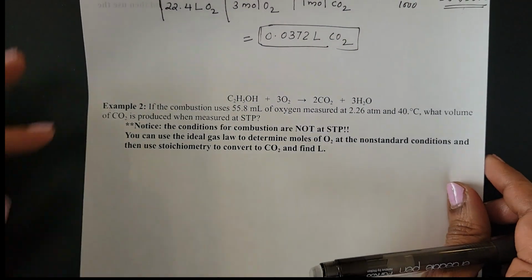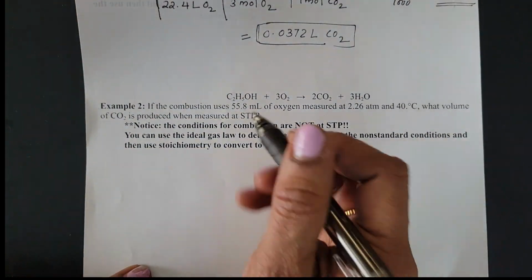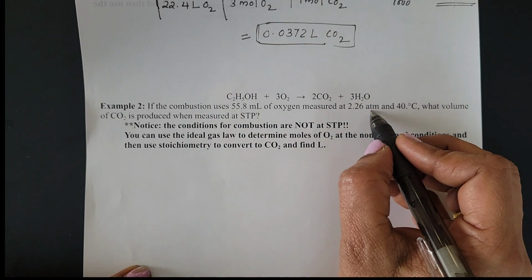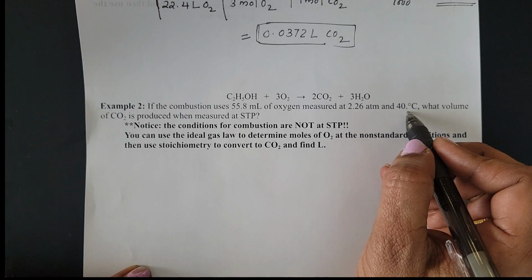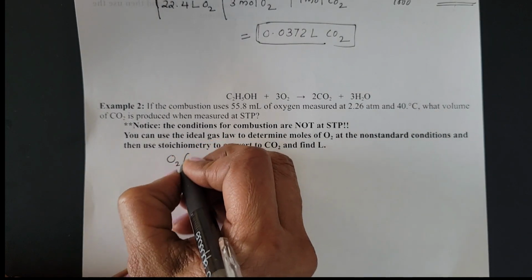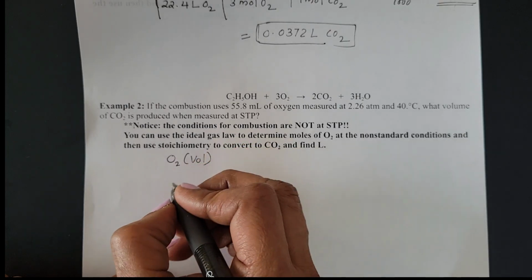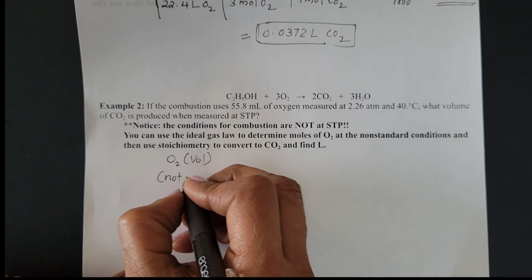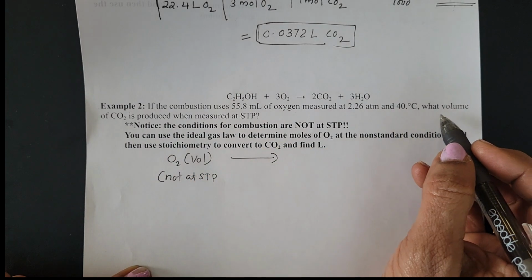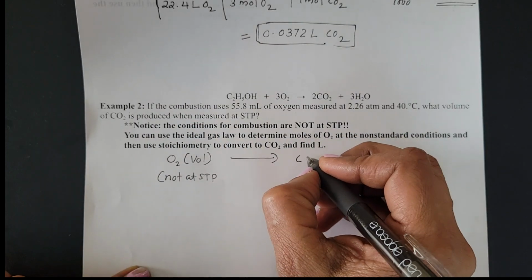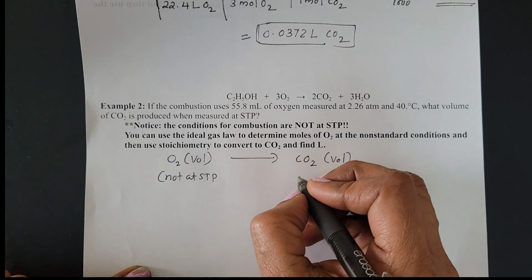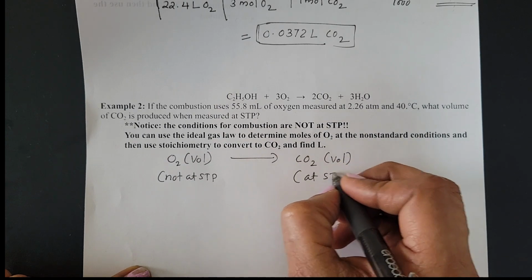Second question. Here it says oxygen, 2.26 atm and 40 degrees Celsius. So here the given is the volume of oxygen, but which is not at STP condition. And you are looking for the volume of CO2, that is your unknown, which is at STP condition.